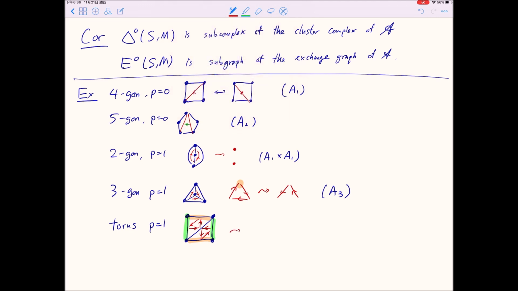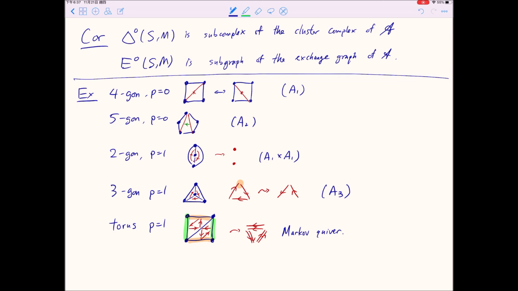If you just draw it out, you see that it really is of this type, and this we already know is the Markov quiver.